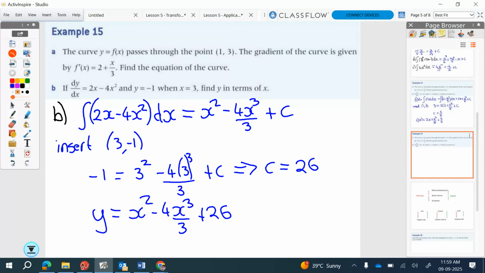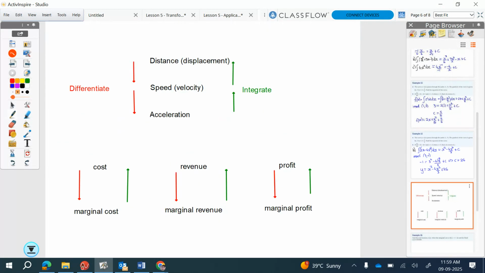All right, our last bit. Often the hardest part of this topic is questions that are quite wordy. And sometimes it's good to have a familiarity with how different properties relate through integration and differentiation.